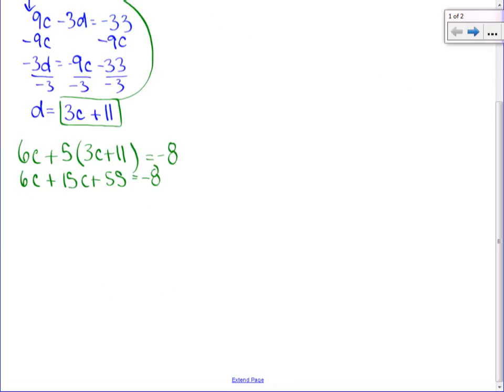Combine like terms. Move the 55. And then divide.